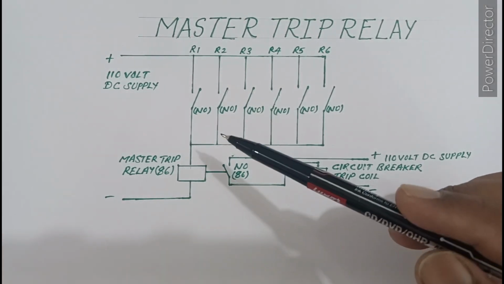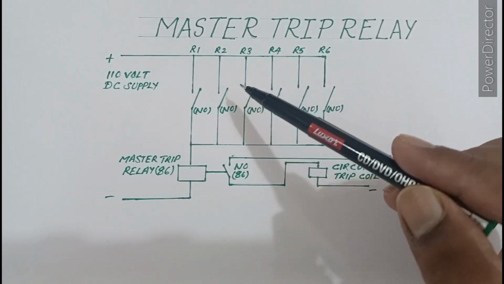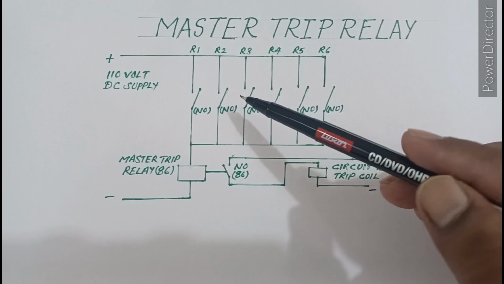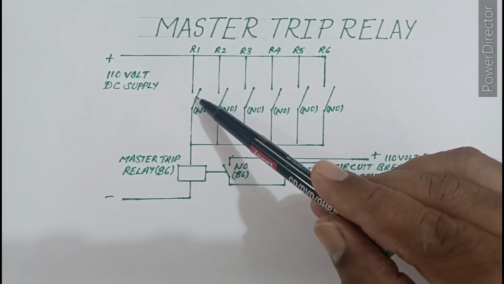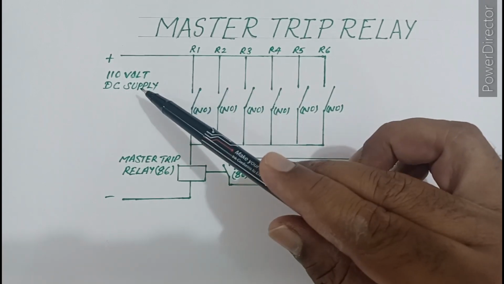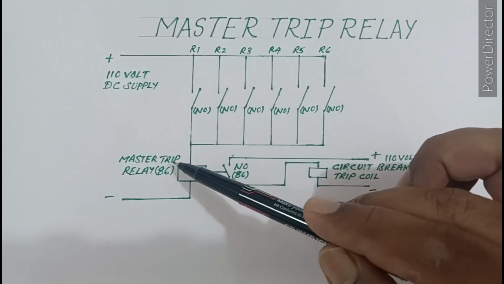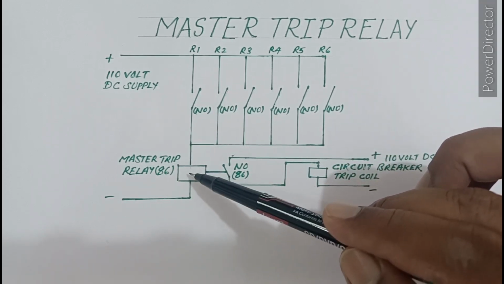If any fault occurs in the system, this protective relay operates. It may be one or more protective relays that operate. When it operates, this normally open contact gets closed and this positive 110 volt DC supply goes through this normally open contact to the master trip relay, and the master trip relay operates.